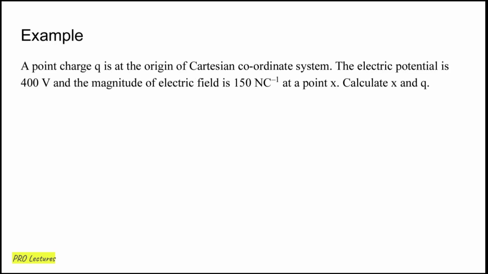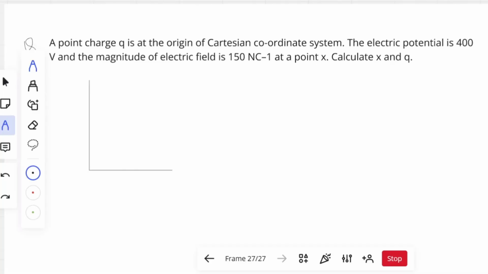Let's go over an example. A point charge Q is at the origin of a Cartesian coordinate system. The electric potential is 400 volt and the magnitude of electric field is 150 newton per coulomb at a point X. Calculate X and Q. So this is the Cartesian coordinate system.